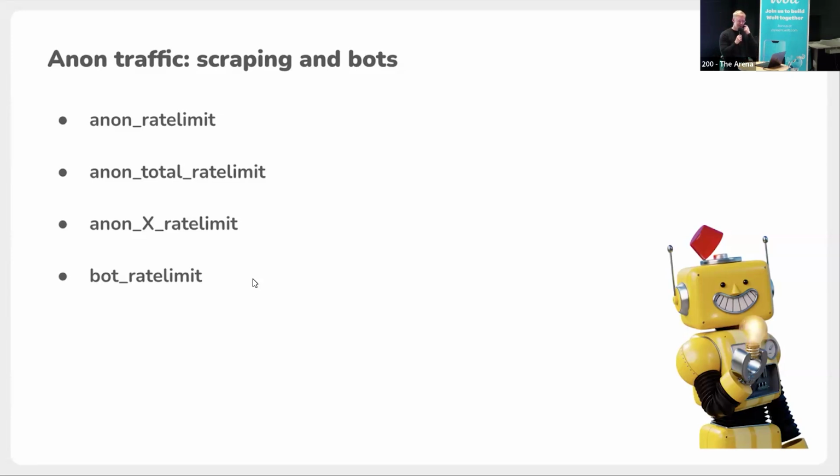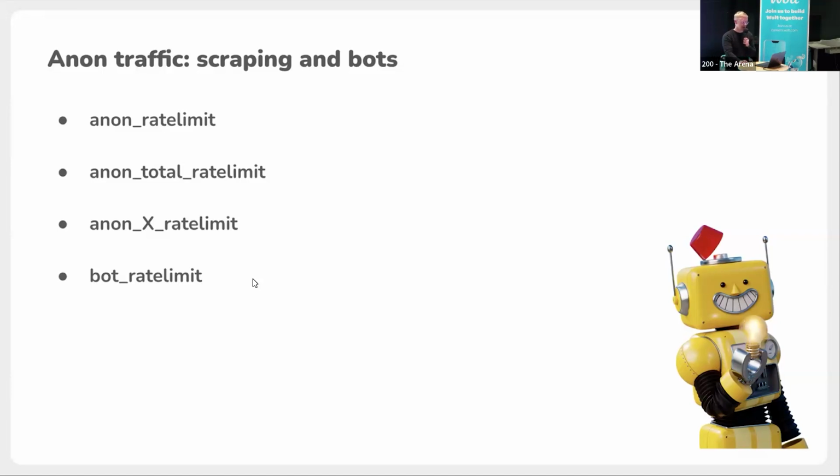This means you can have the anonymous rate limit and the bot rate limit at the same time, and the rate limiter will go through the correct rate limits for you in the correct order and check all of them in a sequence. This has been working very well, because it's usually a limited use case.